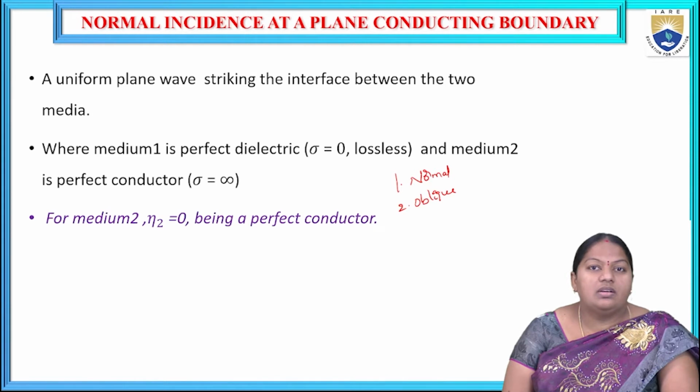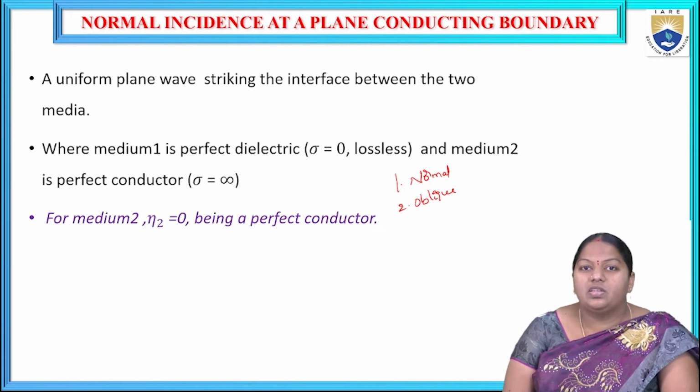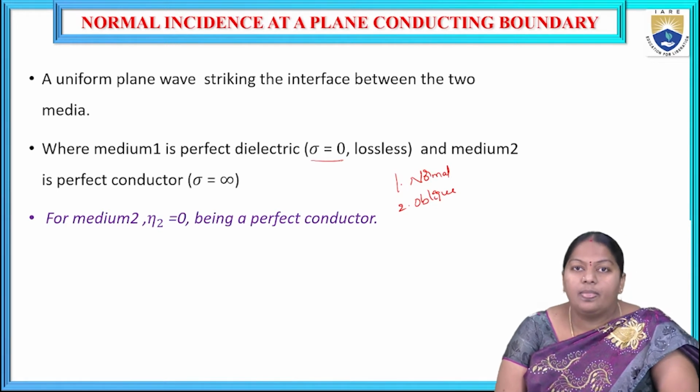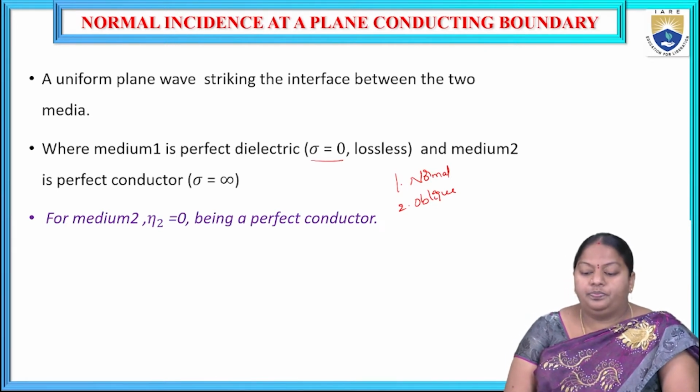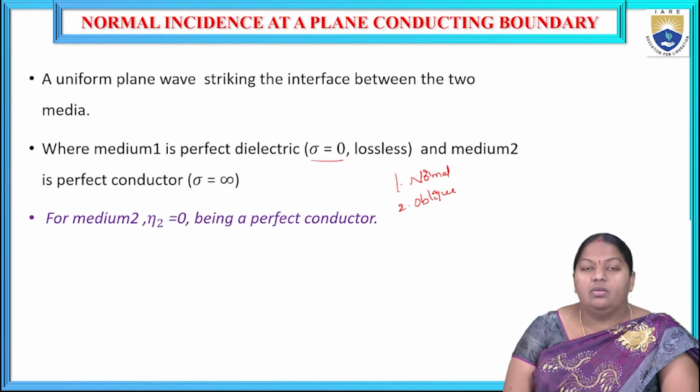The first case we have already analyzed, that is, normal incidence at a plane dielectric boundary. There we considered two media that are both dielectric only, so we assumed sigma is equal to 0. Now in this lecture we will learn about normal incidence at a plane conducting boundary.